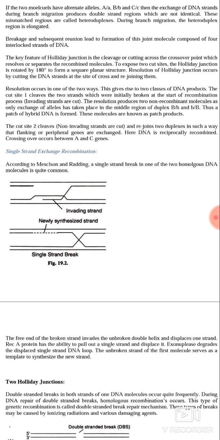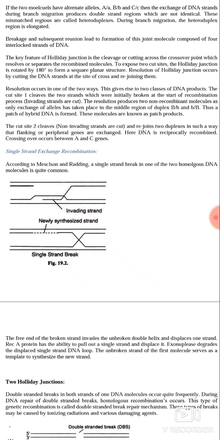Two Holliday junctions, double stranded breaks in both strands. Here we discuss two Holliday junctions. Double strand breaks in both strands of one DNA molecule occur quite frequently and are repaired by homologous recombination.